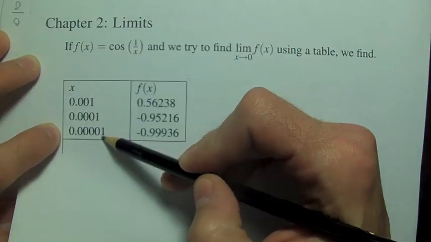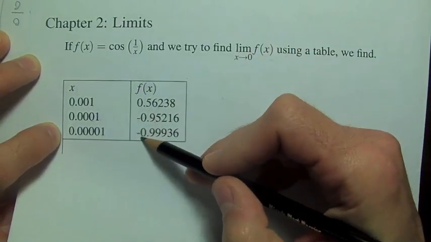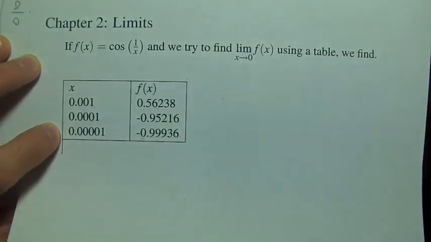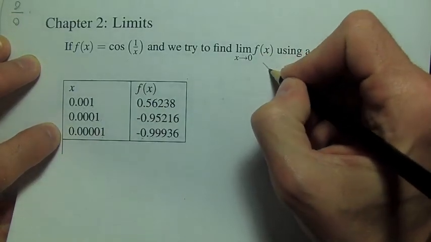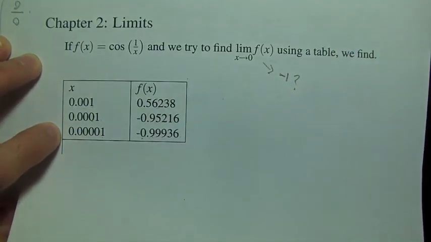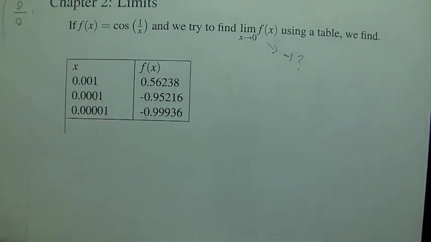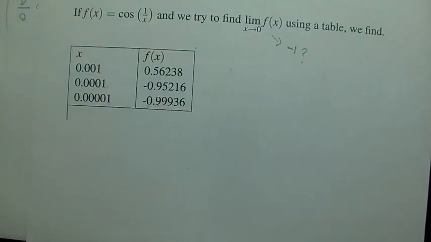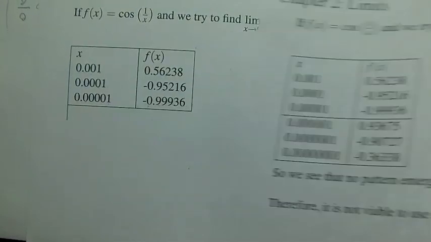Then I throw in another 0, and I get negative 0.99936. Oh, it looks like this is going to negative 1, right? That's what it looks like from these three values. Well, actually wrong.